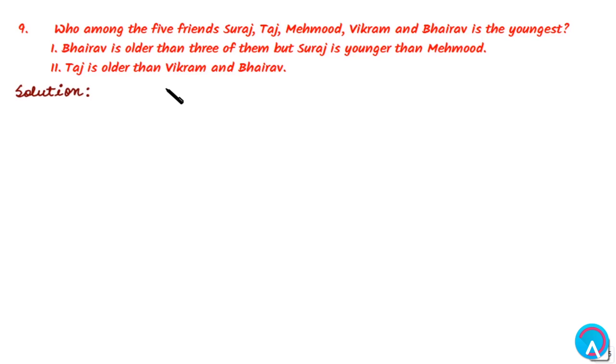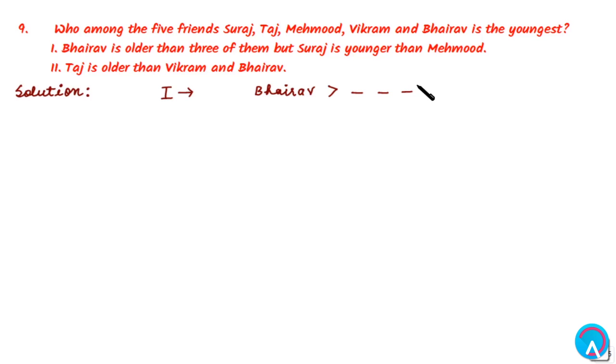So let's see what we get from statement 1. From statement 1 we get Bhairav is older than 3 of them. So here we have Bhairav and he is older than 3 of them.